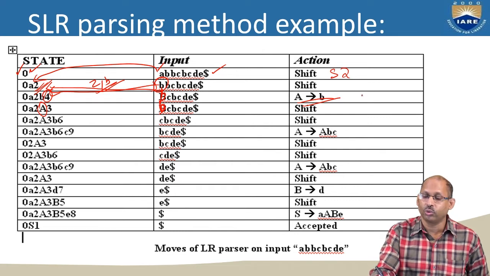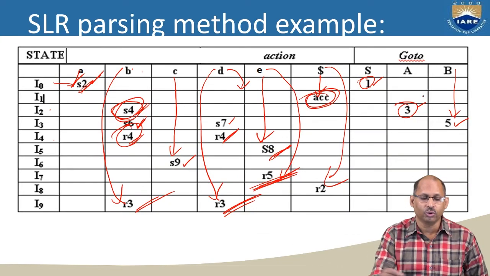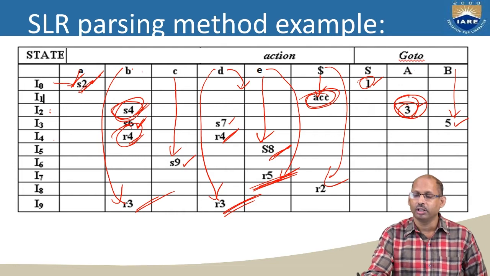Then go to operation 2 comma A. What is go to operation 2 and A? It is 3. Right?